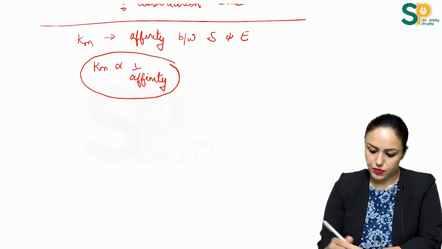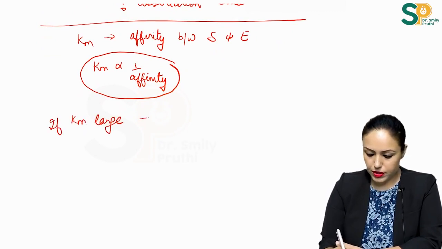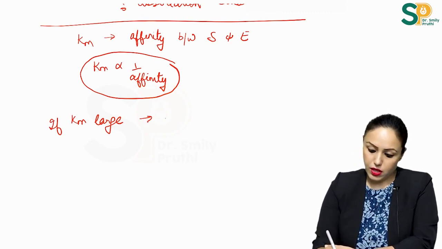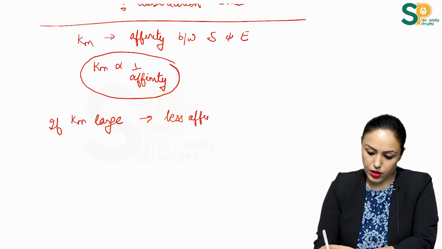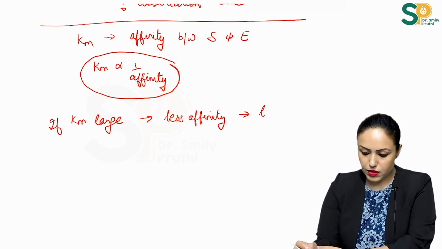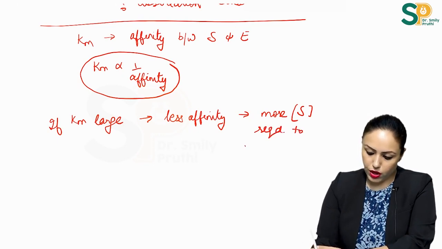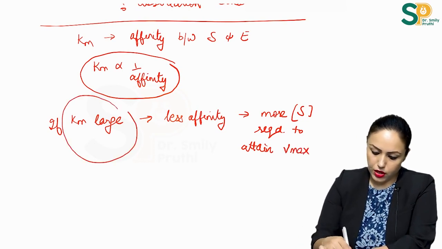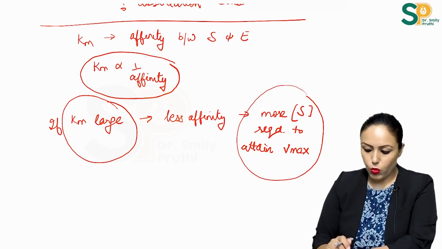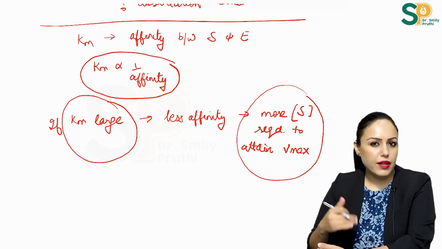So if Km is large, what does that mean? Less affinity between substrate and enzyme. Less affinity means more substrate concentration is required to attain Vmax in that reaction. I repeat, large Km means more substrate concentration required, because now the substrate and enzyme have less affinity.